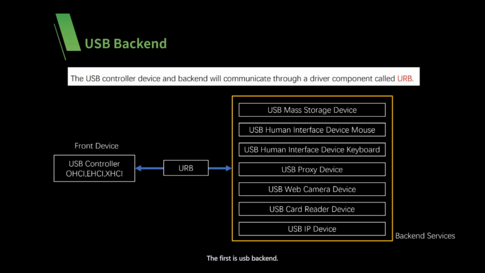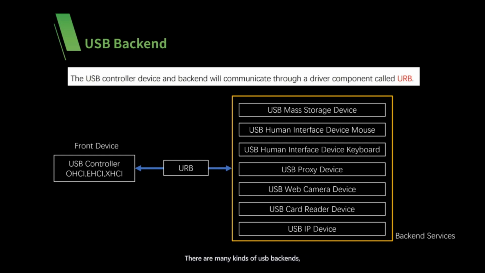The first is USB backend, and the picture shows the front device of USB is USB controller, such as OHCI, EHCI, and XHCI. These are standard USB hardware protocols. When the controller receives the USB data packet, it needs to be forwarded to the corresponding USB backend.